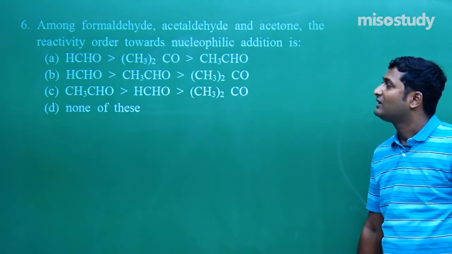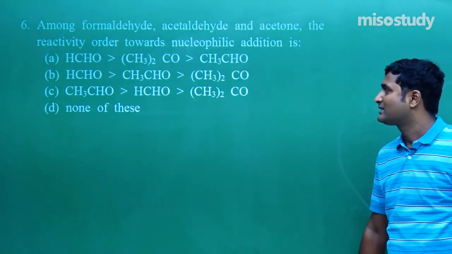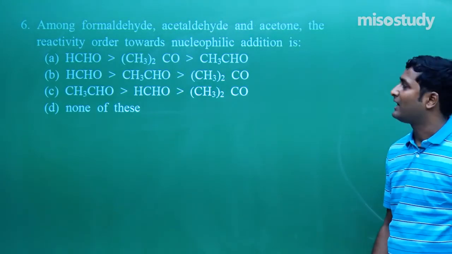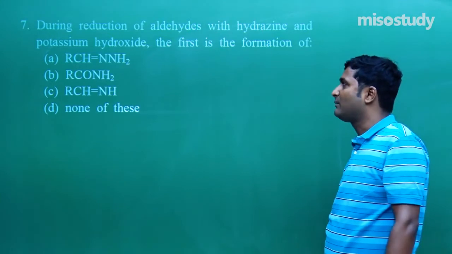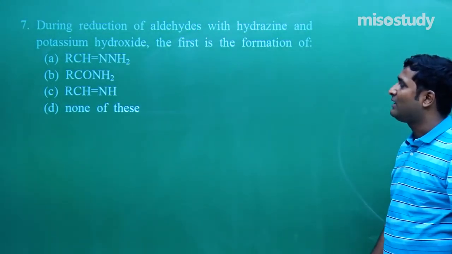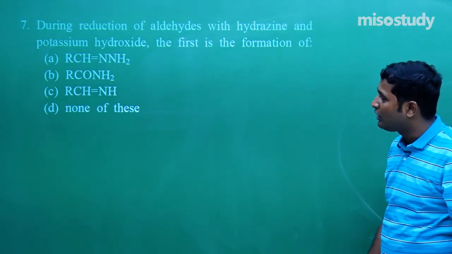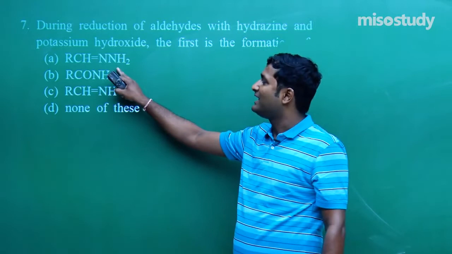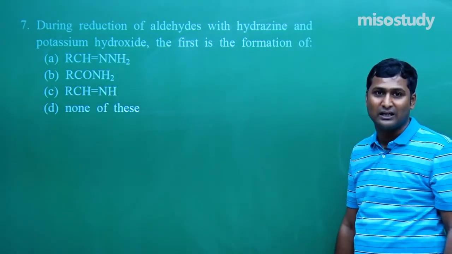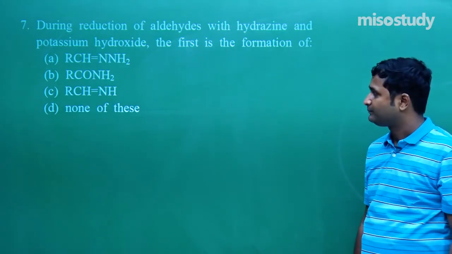The order is HCHO, CH3CHO, (CH3)2CO. So B is the correct option. Now question number 7: during reduction of an aldehyde with hydrazine and potassium hydroxide, the first step is the formation of hydrazone. This is the famous Wolff-Kishner reduction. Clear to you? So A is the correct option.